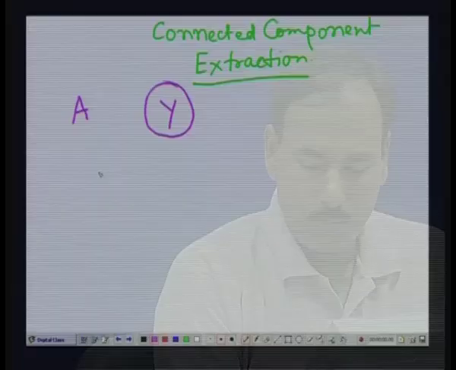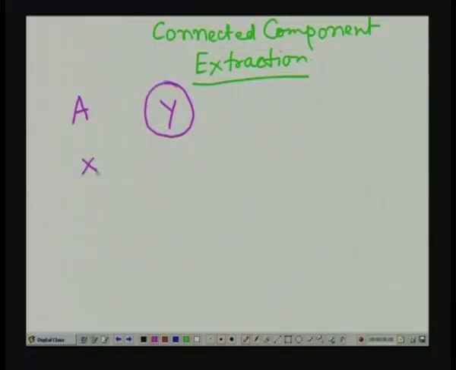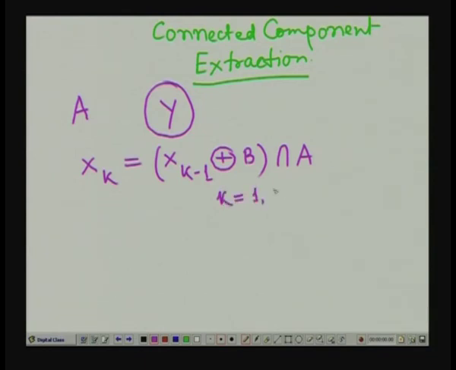The iterative algorithm will be x_k is equal to, again you take the result from the previous iteration x_(k-1), dilate this with the structuring element B, and this dilated result has to be intersected with the original point set A. This operation has to be computed for various iteration steps, say for k equal to 1, 2, 3 and so on.